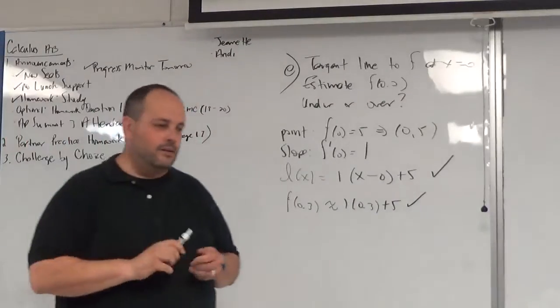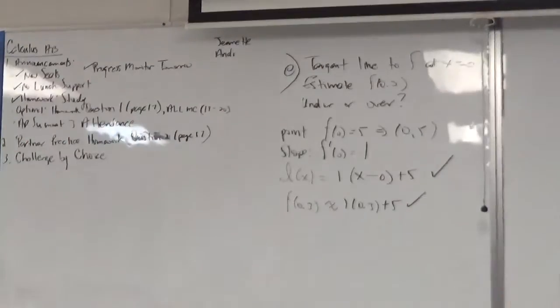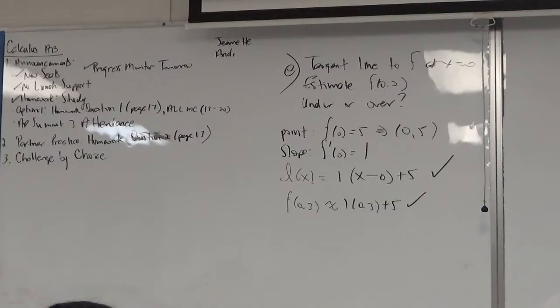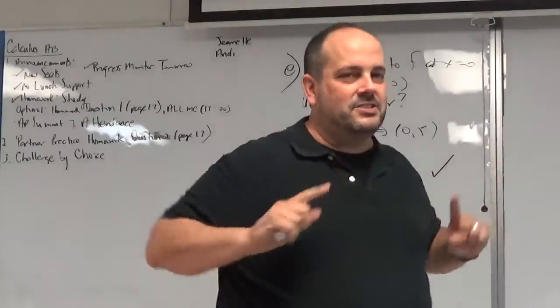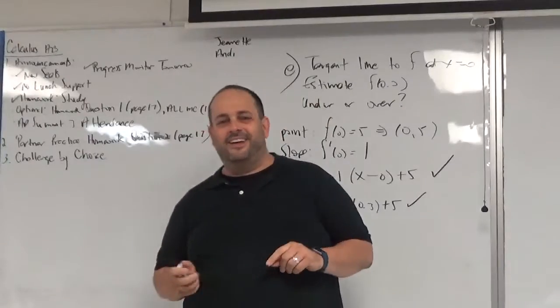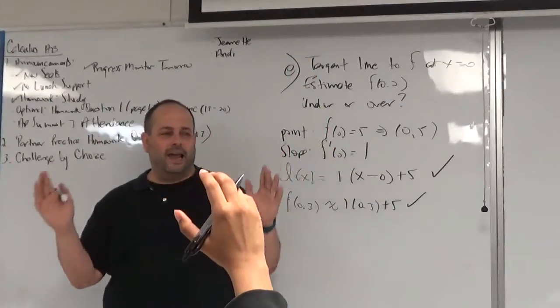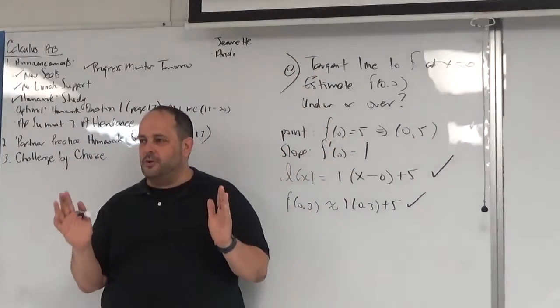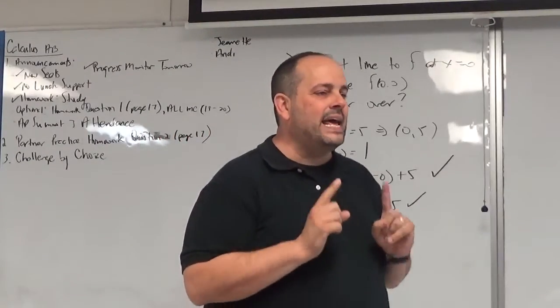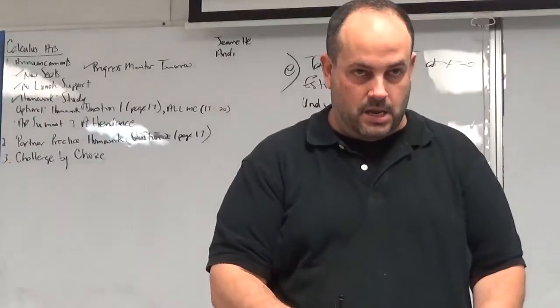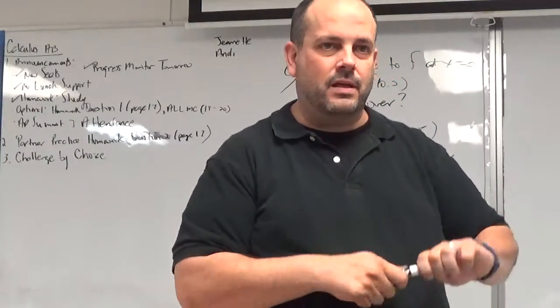Now here it comes. Overestimate or underestimate? That's so hard. It depends on the tangent line. Love it. Yes, overestimate, underestimate, those are your options. The way that you are going to decide is to talk to me about concavity. Jackie, what do you got?